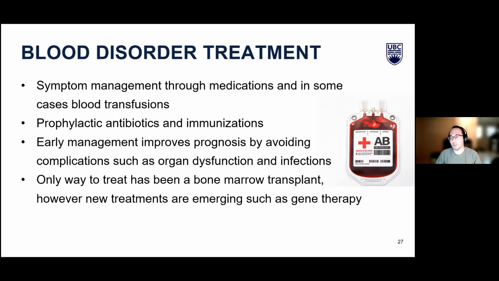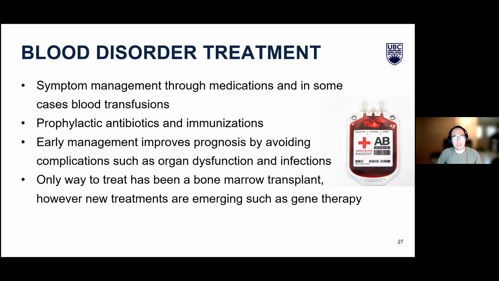However, this is not a permanent solution, as our red blood cells do degrade, of course, and we need to produce new ones. So eventually the nice red blood cells with the proper hemoglobin we get from the blood transfusions will eventually be degraded and replaced with the improper red blood cells that the person's producing. So blood transfusions do help, but they're not a permanent solution.